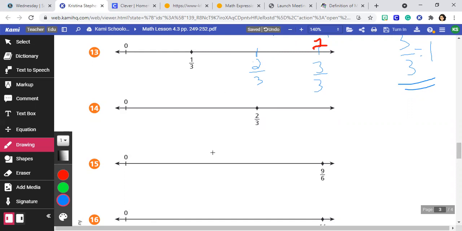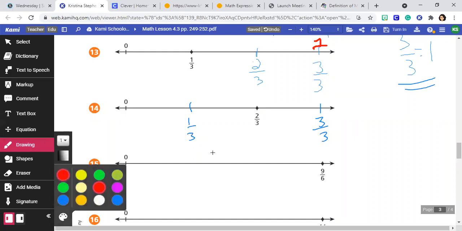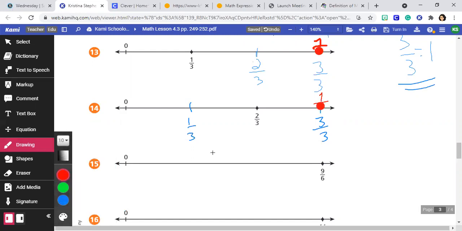So if I use number 13 to help me, I think that is about right. And again, we are trying to find 1. So it would really be in the same place, wouldn't it? Because our denominator was 3. So we've got 1 there and 1 there on 14. Not a whole lot of different placement. There's 1, there's 1.